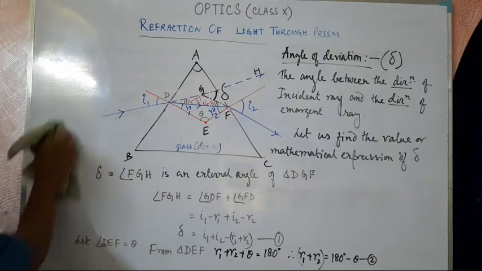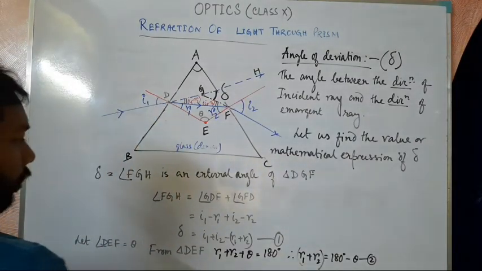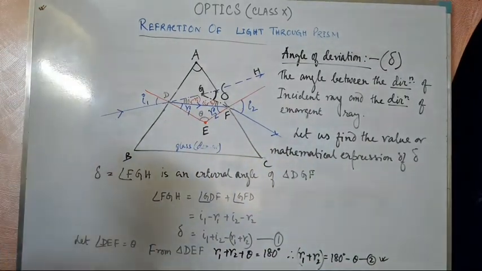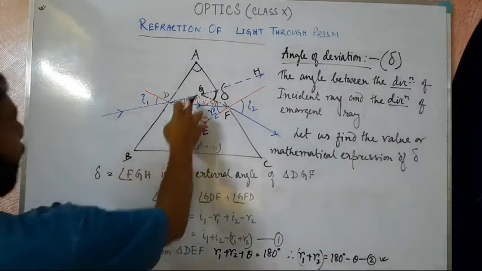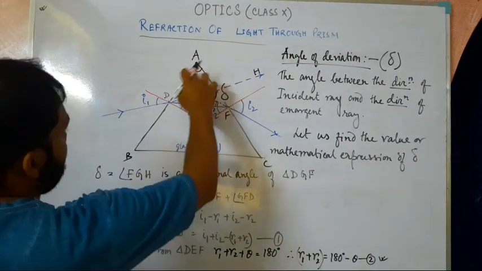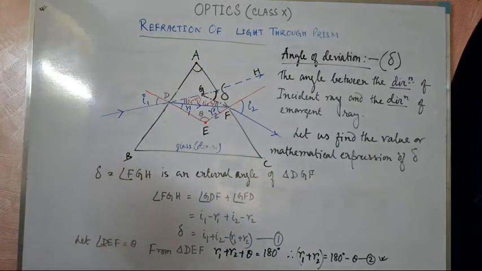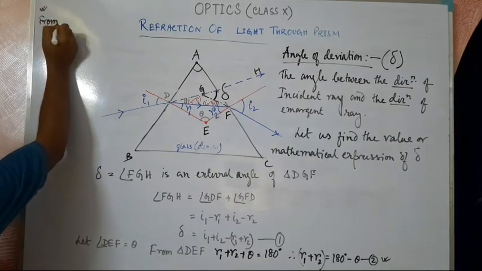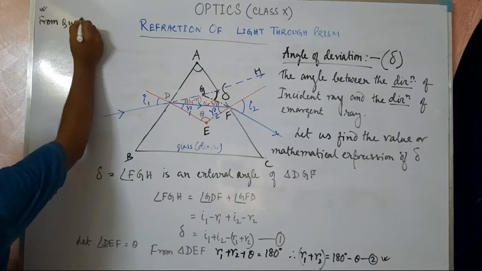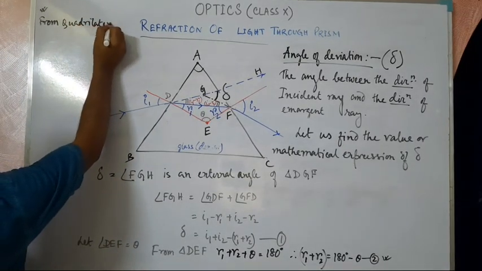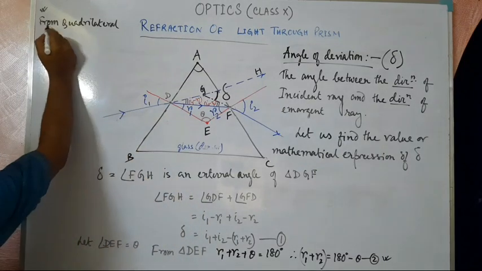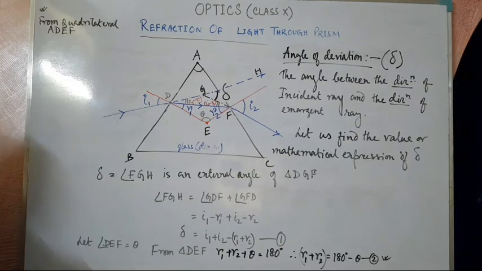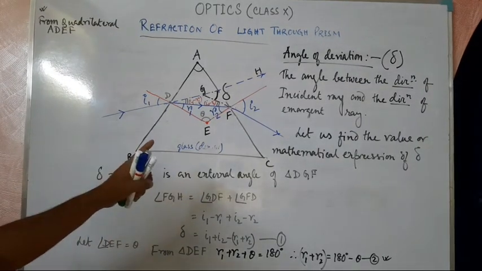Okay, I am writing the next part from here. So after this, let us start from here. Again, you can see there is a quadrilateral ADEF. From quadrilateral ADEF, the sum of the four angles is always 360 degrees.